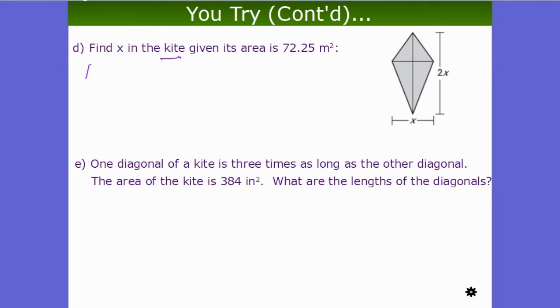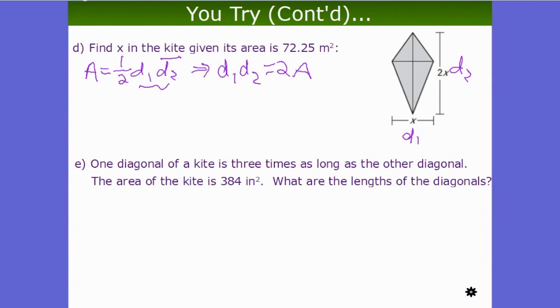So always start with the formula. So area of a kite, one that we have to just remember, not on the formula sheet, 1/2 d1 times d2. For this one, it looks like diagonal 1, let's say that one's diagonal 1, and diagonal 2 are the things we need to find. So I'm going to actually solve this for diagonal 1 and diagonal 2 by multiplying both sides by 2.